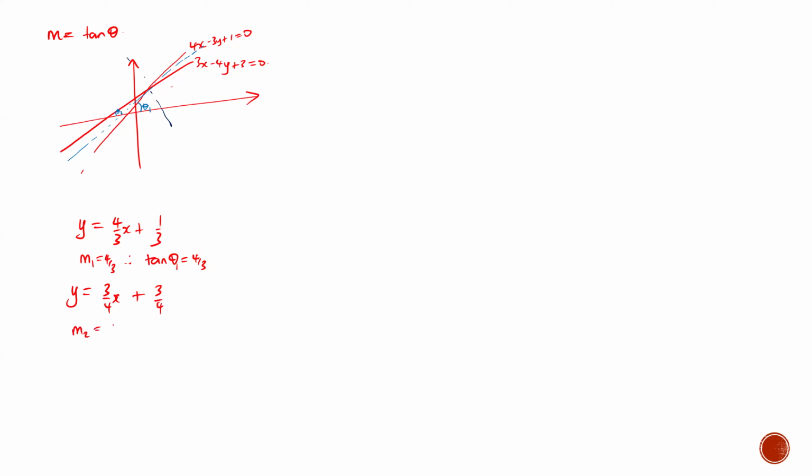And here m2 is 3/4, therefore tan theta 2 is 3/4. I hope we're together at this point. So tan theta 1 is 4/3, tan theta 2 is 3/4.